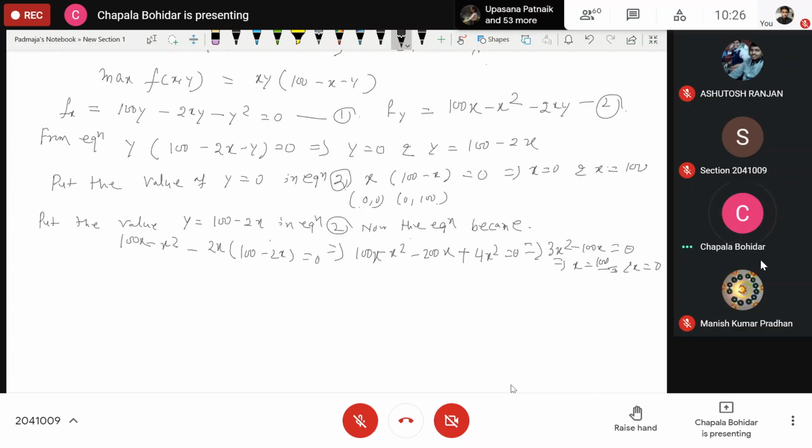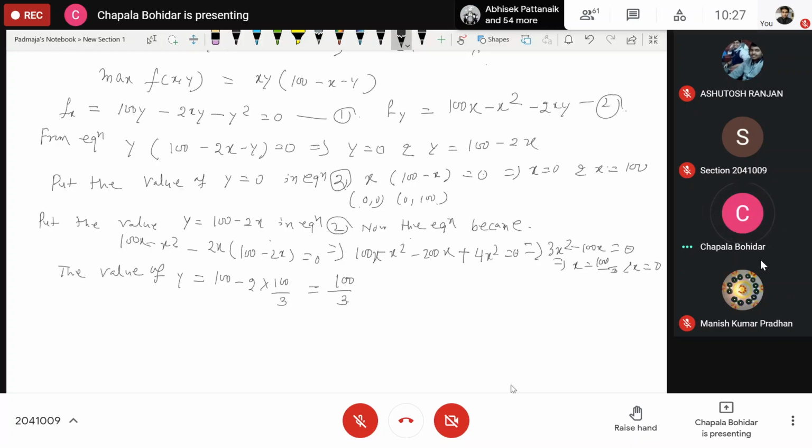Clear? So if x is equal to 100 by 3, the value of y is equal to 100 minus 2x, 100 minus 2 into 100 by 3, that is 300 minus 200 over 3, so it is 100 by 3.